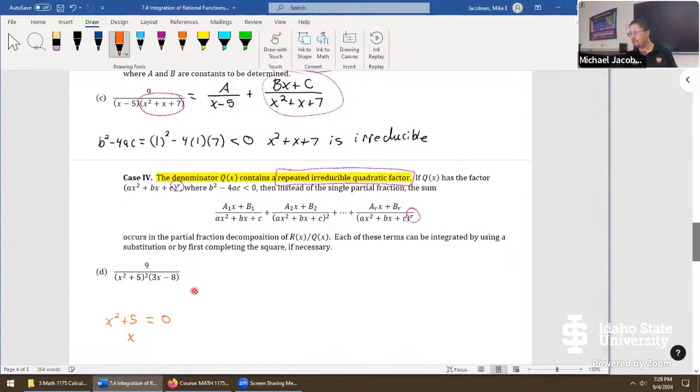We'd have to subtract 5. You would take the square root, and then x would be plus or minus the square root of negative 5, which would be plus or minus i root 5. Now we're in the land of complex numbers, and this tells us x squared plus 5 is irreducible.